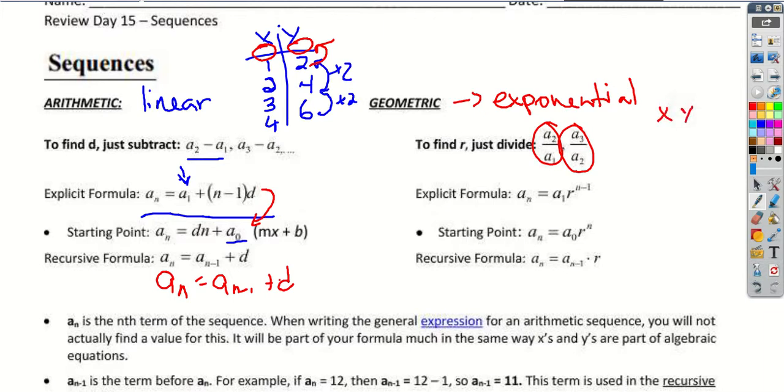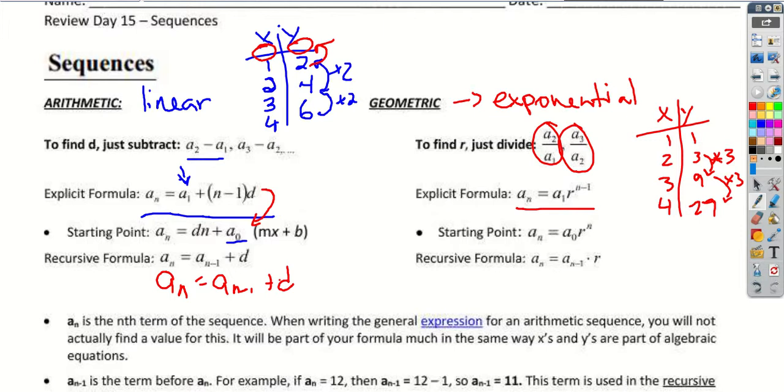If I do times 3, so 1, 1, 2, 3, 3, 9, 4, 27, you can see we're always multiplying by 3 to get from one term to the next. So this would be a geometric sequence for those points. If I did 27 over 9, I get 3, 9 over 3, I get 3, 3 over 1, I get 3.